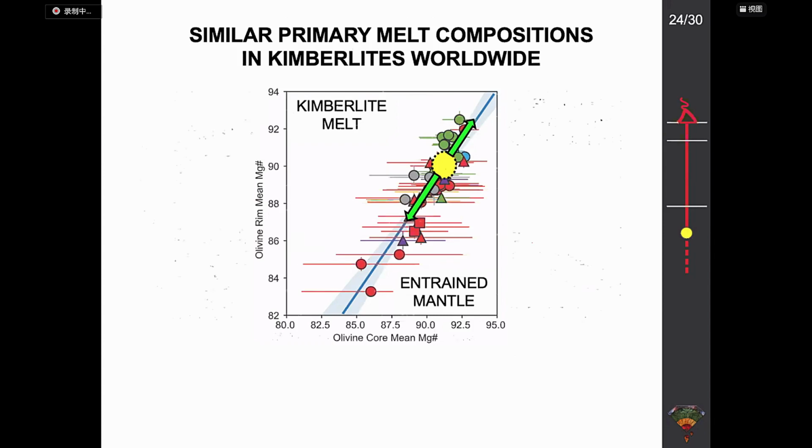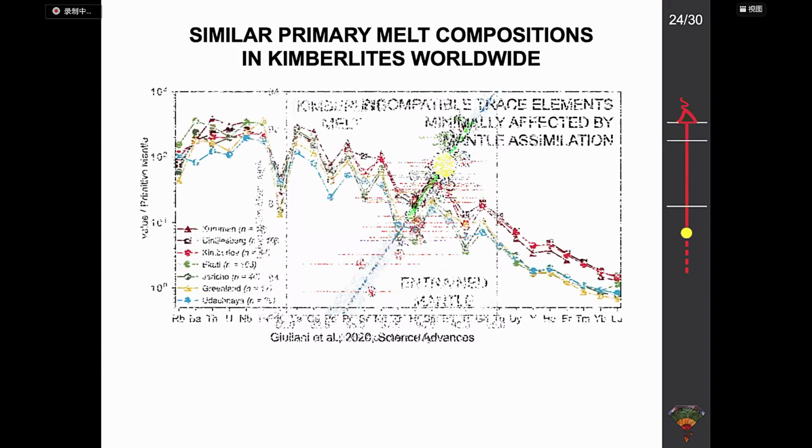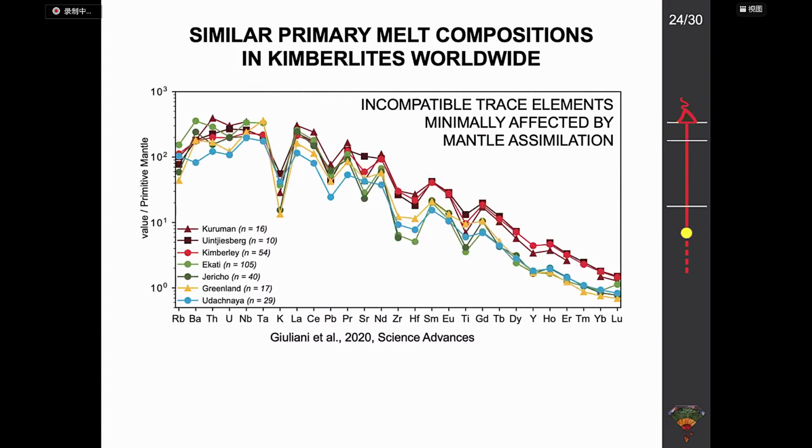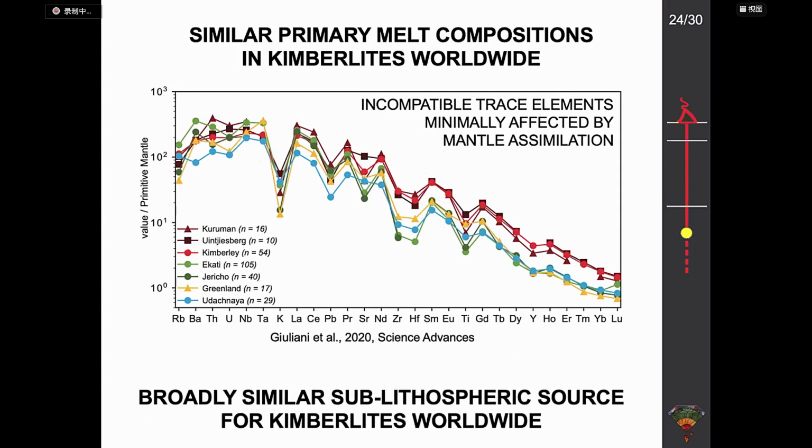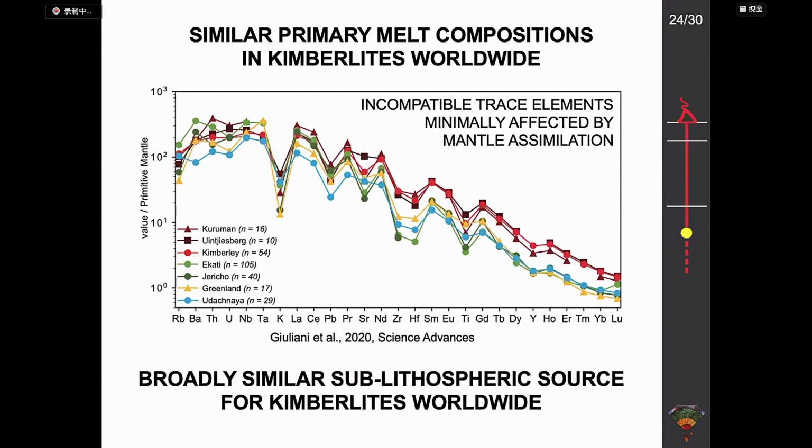This is confirmed further by looking at the incompatible trace element patterns of kimberlites, which are remarkably homogeneous, with some variability between localities, but overall the shape is remarkably homogeneous for kimberlites worldwide. And this once again requires that the sublithospheric source of kimberlites has to be fairly similar for kimberlites worldwide.